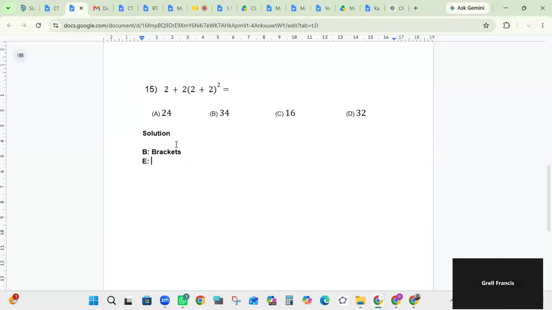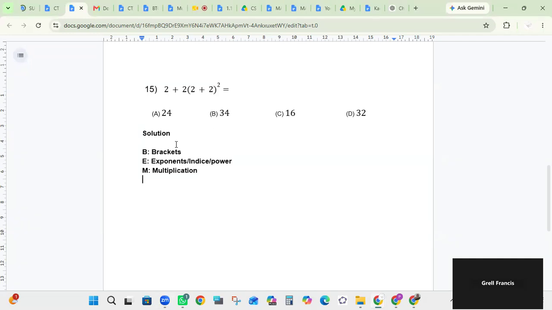E for exponents. Another word for exponents is indices. Another word, a very popular word we know it to be, is power. And then you go on to the multiplication. BEMDAS.